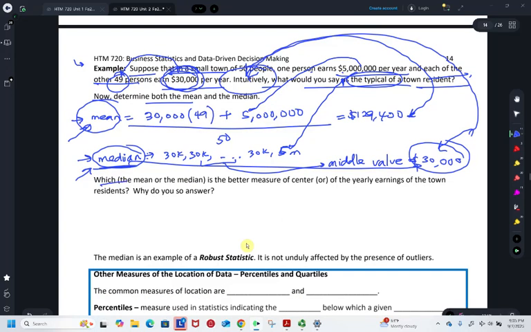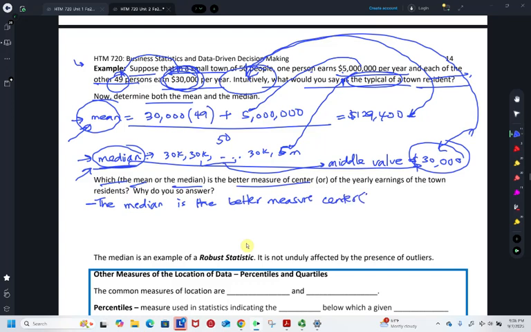So, which, the mean or the median, is the best measure? In this case, it is the median. The median is the better measure of center, or typical value, of what?